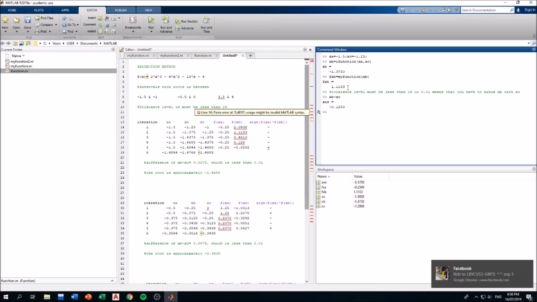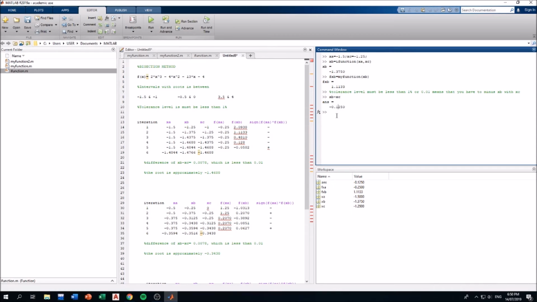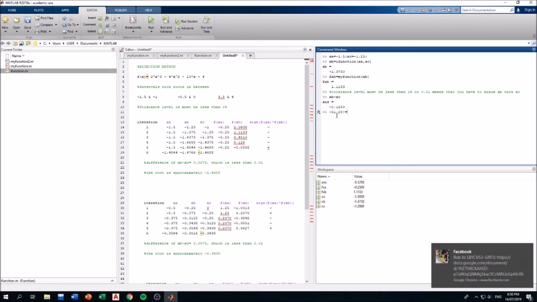So we have negative 0.125, which is not less than 0.01. So we have to continue.